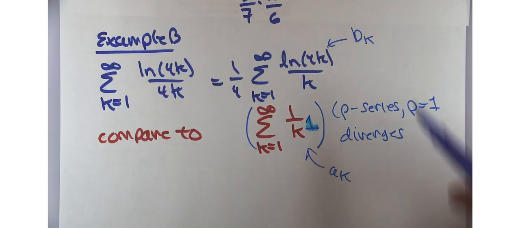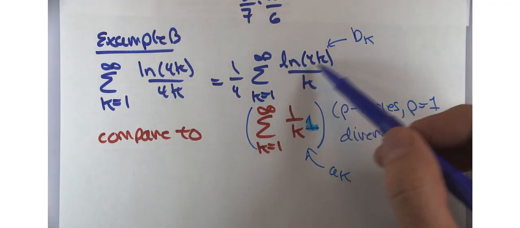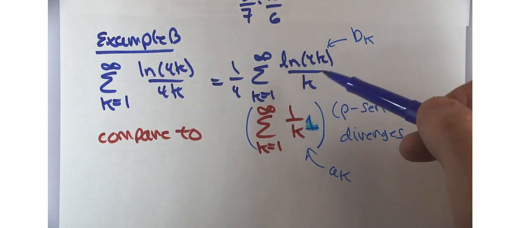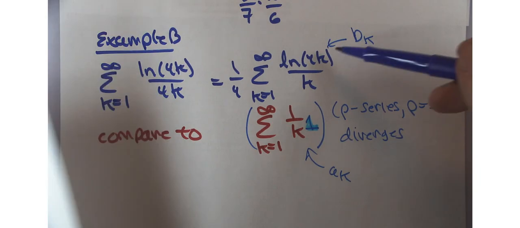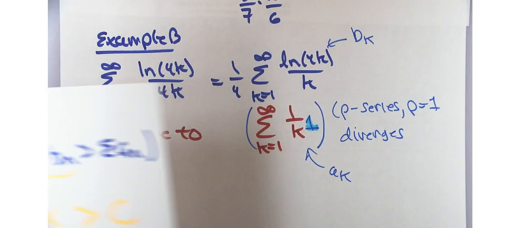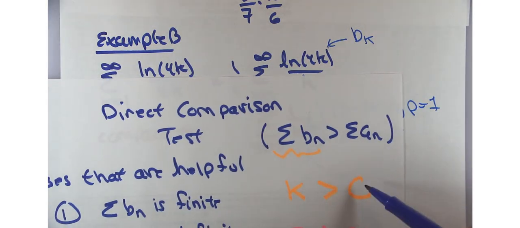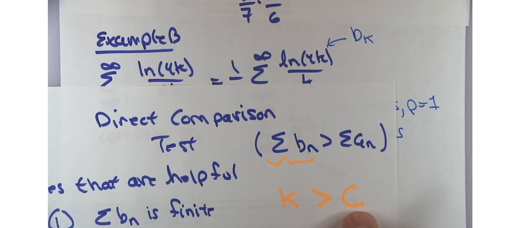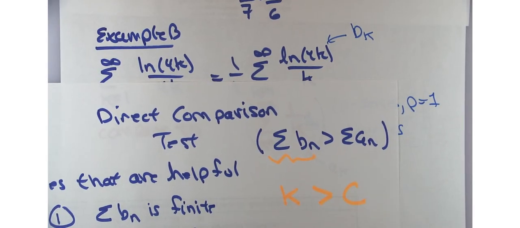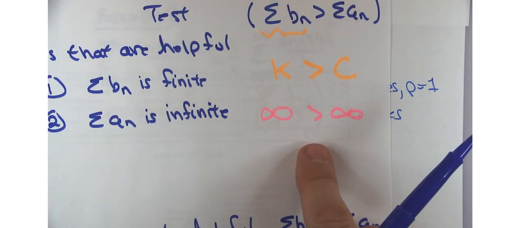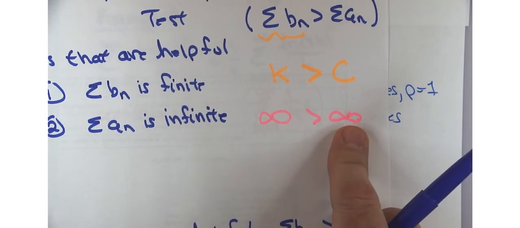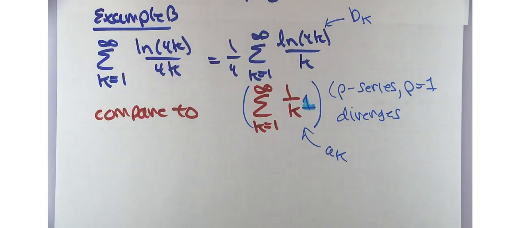B sub k. It's the same denominator, you just got a bigger numerator. So the overall ratio or quotient here has to be bigger than the a sub k's. So in this case, we've got a smaller series that sums up to infinity. That's going to mean the bigger series has to sum up to infinity.